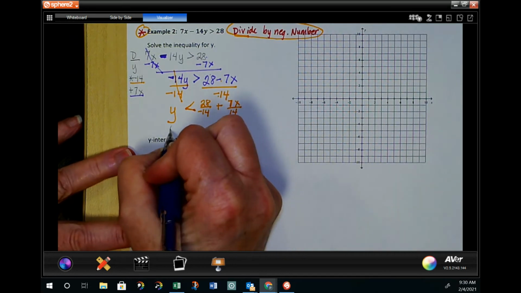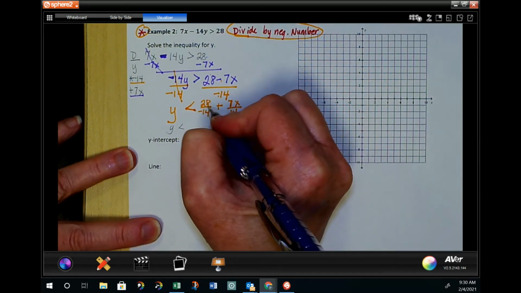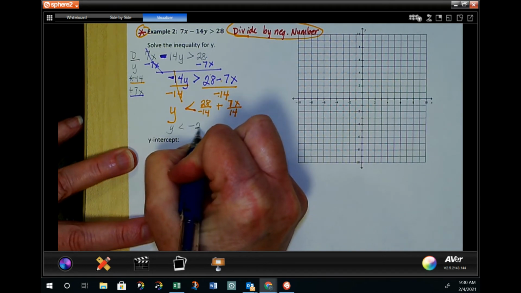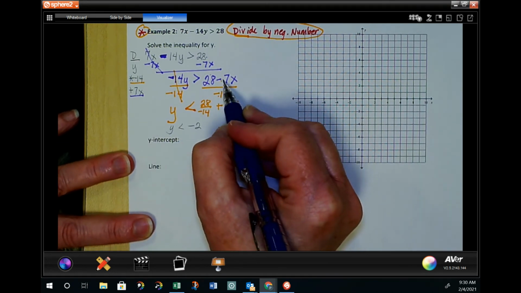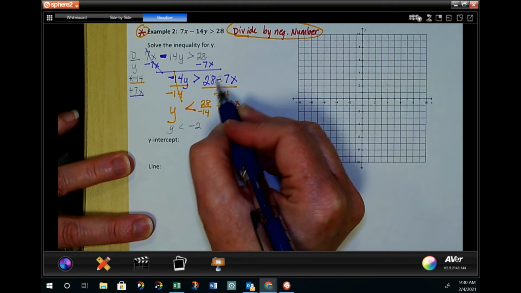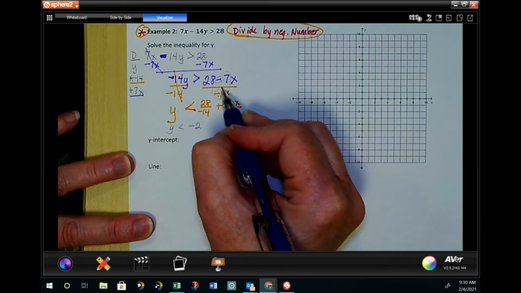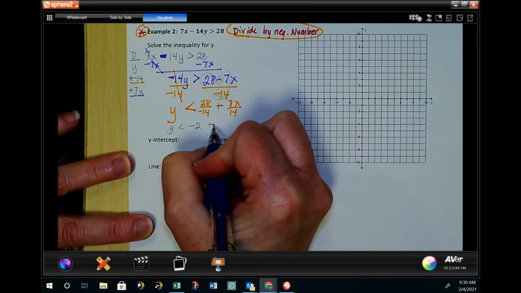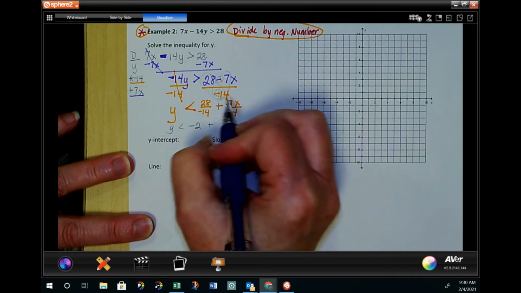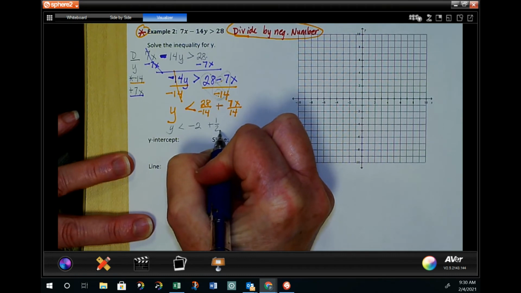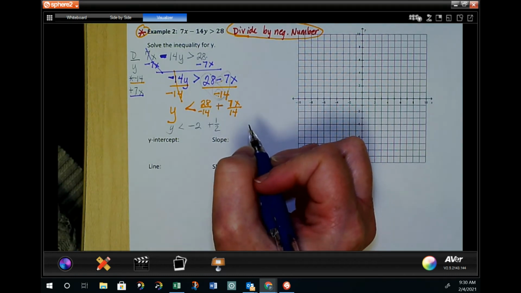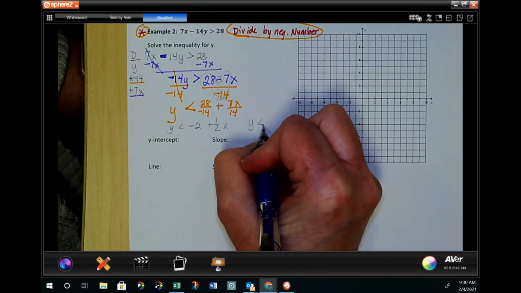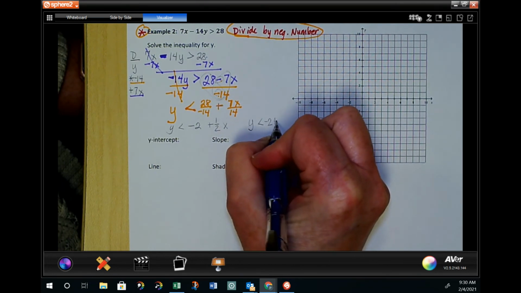You're going to have y is less than 28 divided by negative 14, which gives me negative 2. And then a negative and a negative, because those are together, make a positive, so that's a plus. And 7 divided by 14 reduces to 1/2, or you can do 7 over 14, it's fine. x. If you want to leave it like this, I'm okay with this.